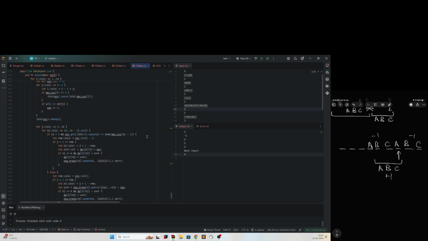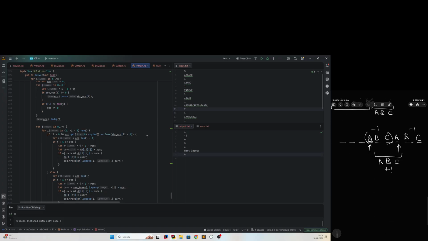Now I have made a few claims here: if we are destroying this ABC, then it means this one also went through an operation. The reason I'm saying that is, let's say we have an ABC like this and an ABC like this, and now we want three values.